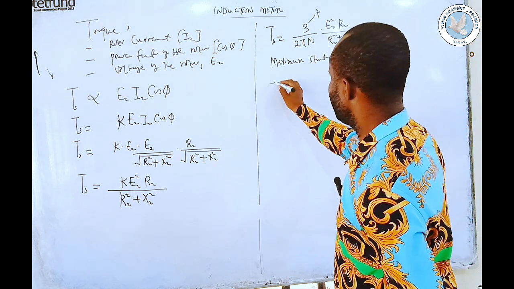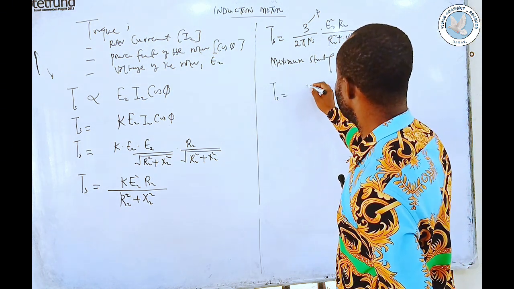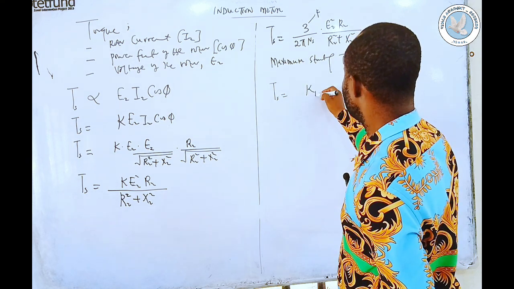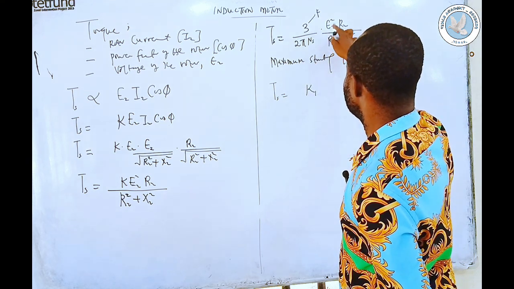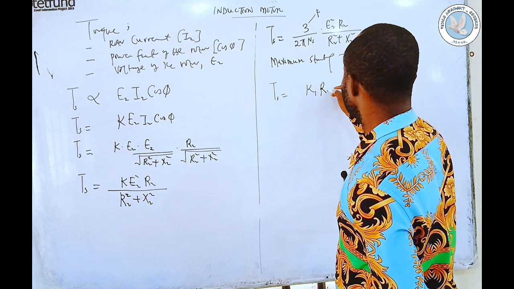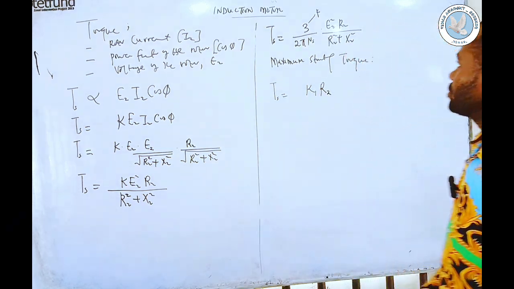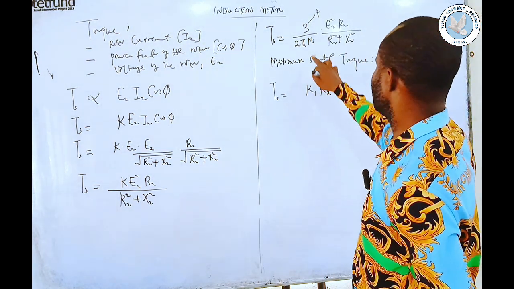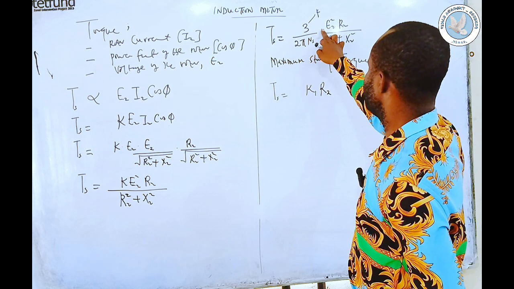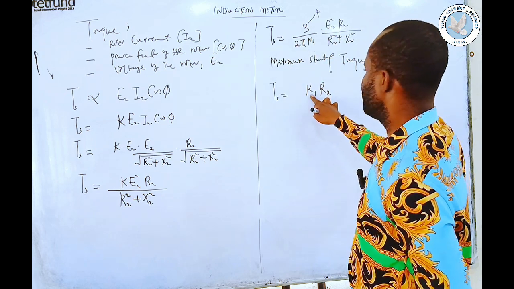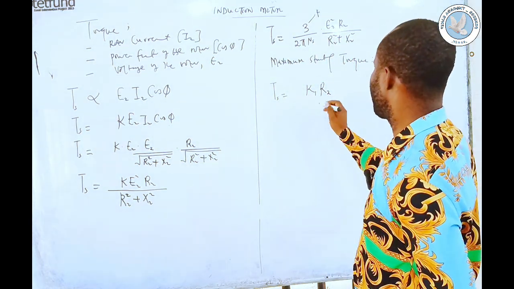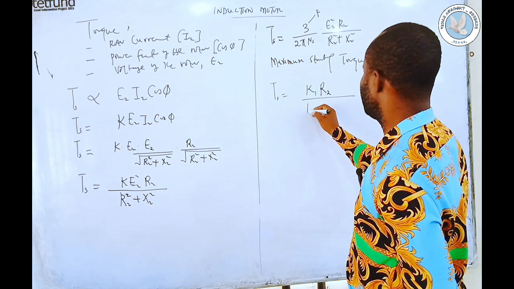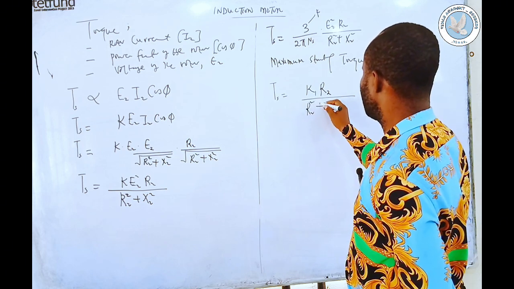So we can repeat this. K1 will take care of that. After all, voltage is constant in this case. So 3 this is replaced by K1, and we divide this by this plus this.